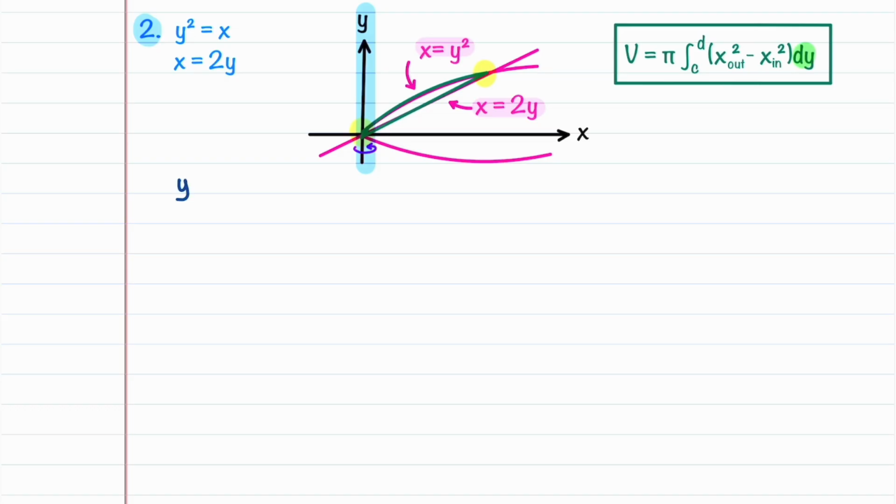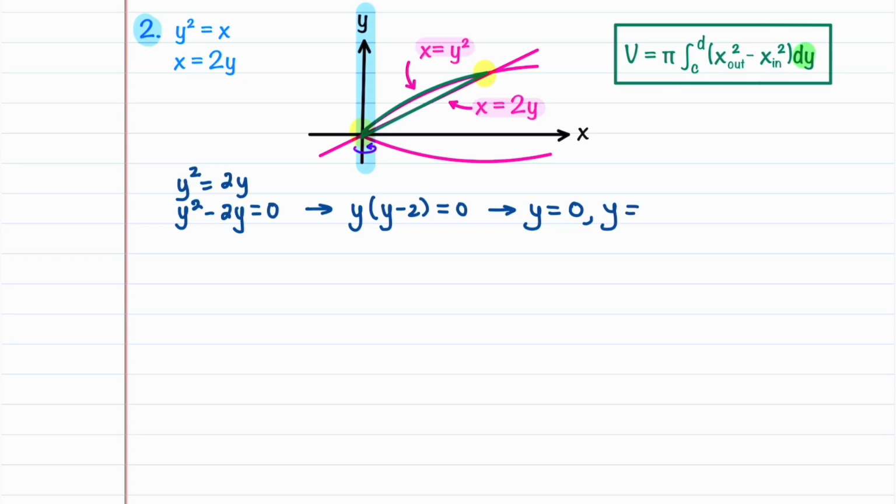This gives us y squared is equal to 2y. Let's pull the 2y to the left, and we can factor out a y. And this gives us that y is equal to 0 and y is equal to 2. Let's highlight that because we'll need that in a minute.